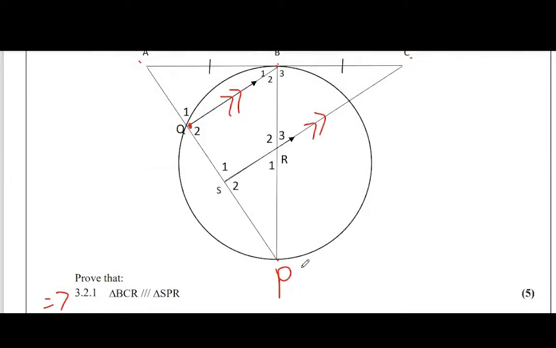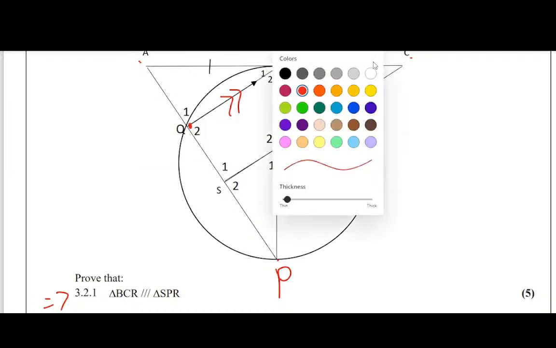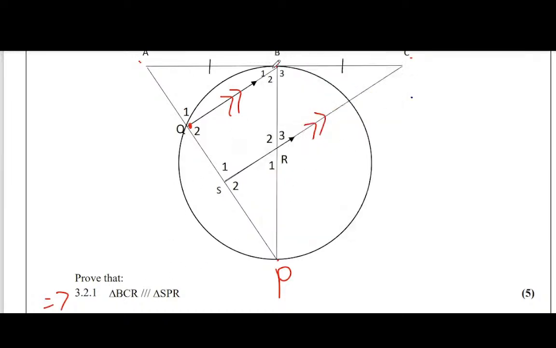When triangles are similar, sizes may differ, but there are properties that are the same: the sides are in proportion and the angles are exactly the same. Let me highlight those triangles. They said BCR. This is B, this is C, this is R, so we're focusing on this triangle.